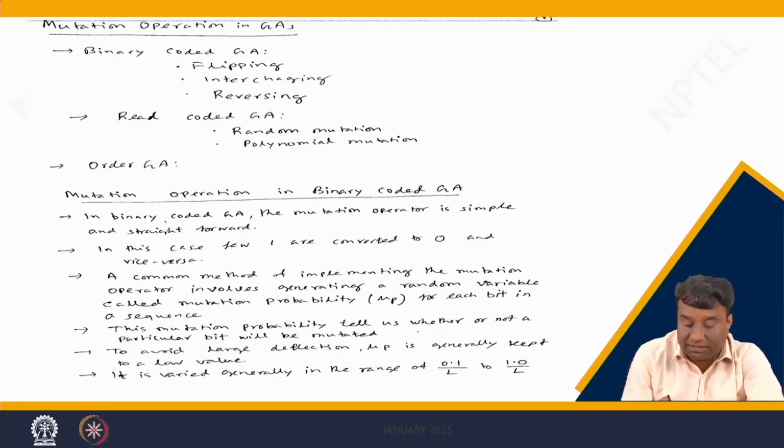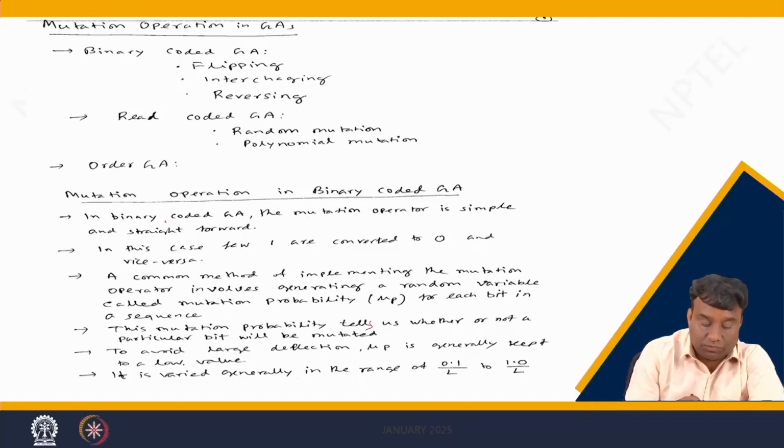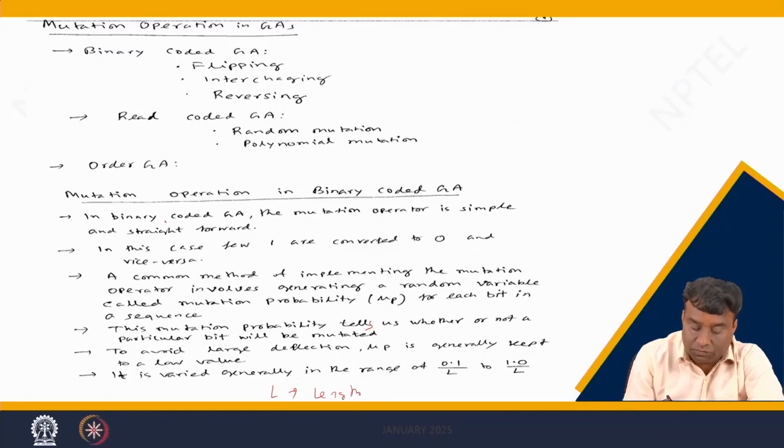This mutation probability tells us whether or not a particular bit will be mutated. To avoid large deviation, mutation probability is generally kept at a low value. It is varied generally in the range of 0.1/L to 1.0/L, where L is the length of the chromosome.